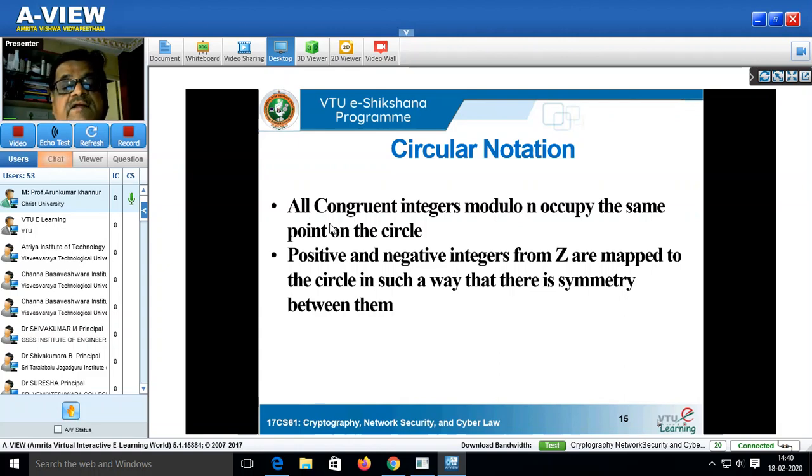Now we shall look at how circular notation can be used to represent congruence. All congruent integers modulo n occupy the same point on the circle. Positive and negative integers from Z are mapped to the circle in such a way that there is symmetry between them.